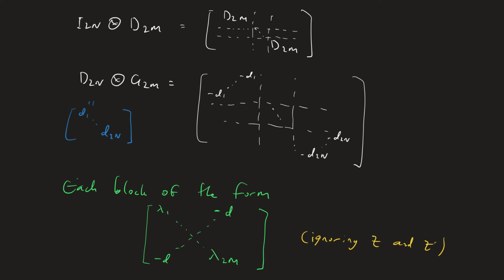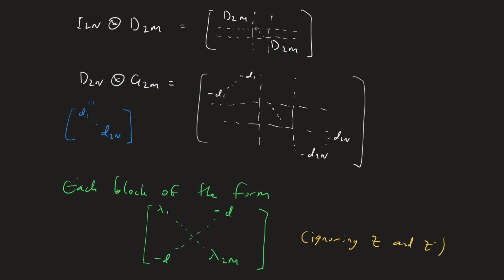In greater detail, the first term gives us a diagonal matrix with a block structure where D_{2M} repeats along the diagonal, and the second term gives us this block diagonal matrix where each block is antidiagonal with a constant number along the antidiagonal.